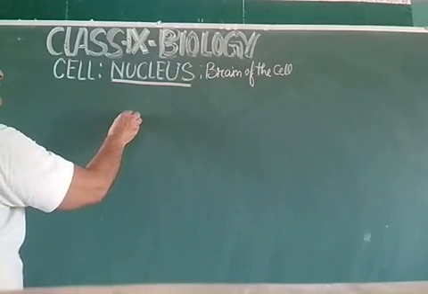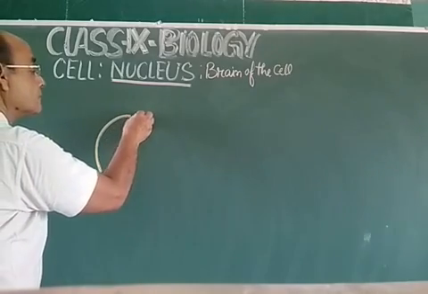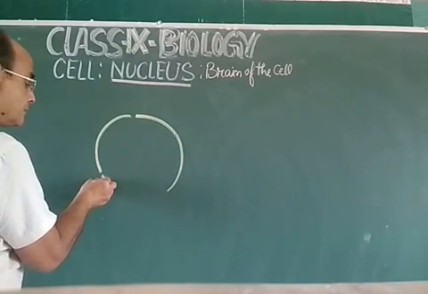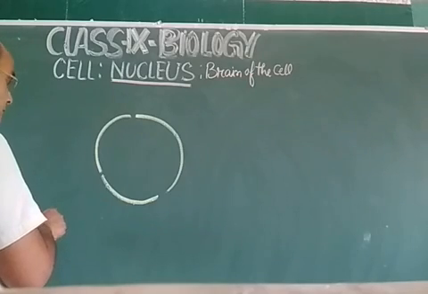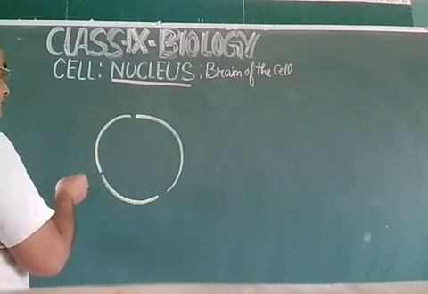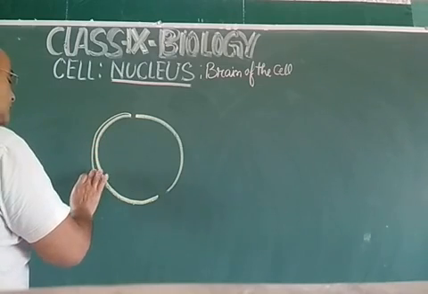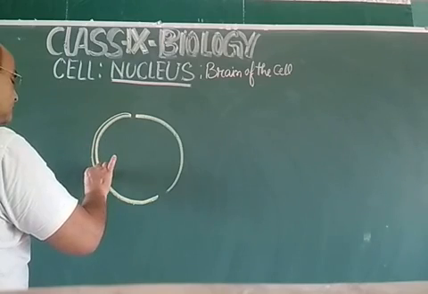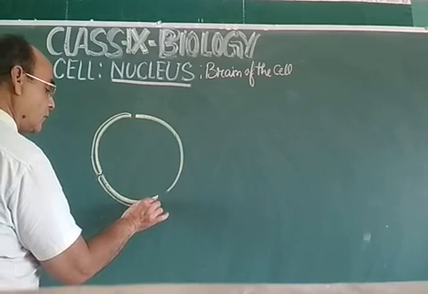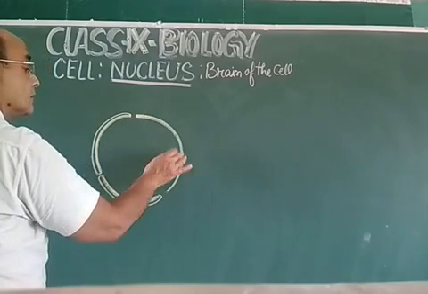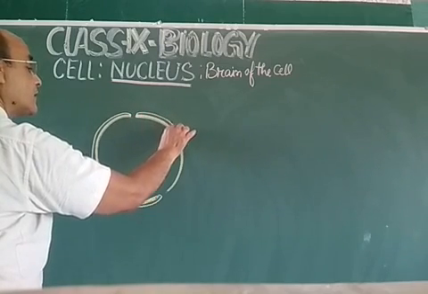Therefore, see this. This is the nuclear membrane, and this nuclear membrane is connected with the endoplasmic reticulum, and it dips into the cytoplasm as a ball-like structure, so that it floats in the nucleus as a yellowish color.